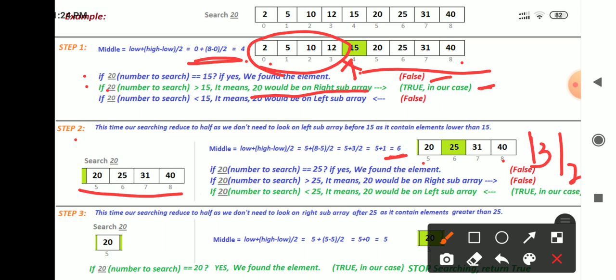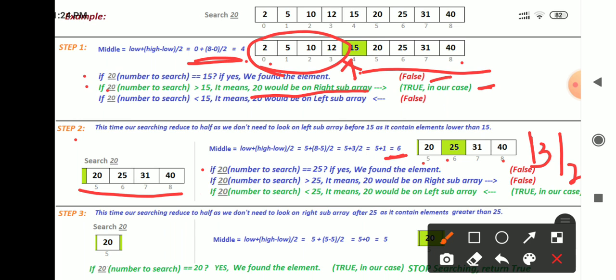So the next mid we got is the 6th position. We check whether the number is greater than, less than, or equal to mid. If 20 is equal to 25, no, 20 is not equal to mid here. The condition is false. So we go for left or right.